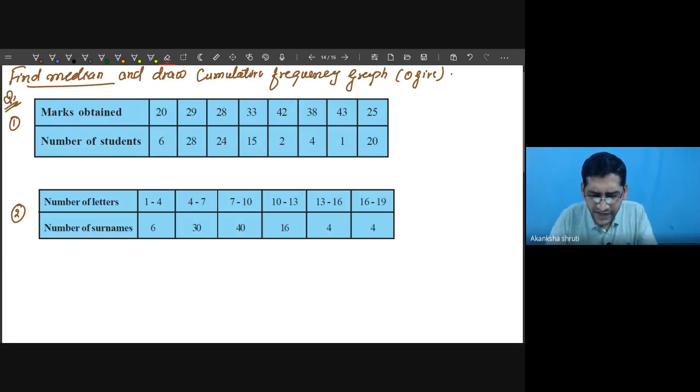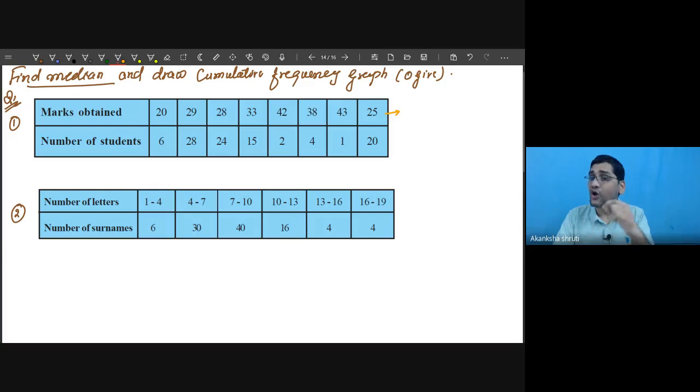So just keep in mind, this is the difference in how we understand grouped and ungrouped data. Student, for ungrouped data, individual observation is given. Whether their frequency is given or not, that is a different thing. But in grouped data, a range is given, and only their frequency is given.